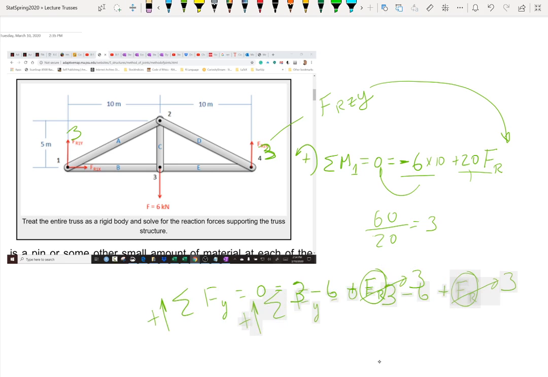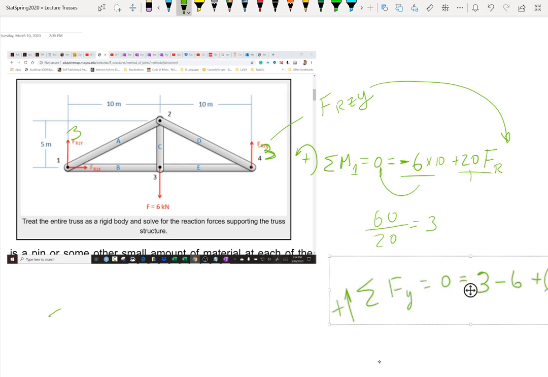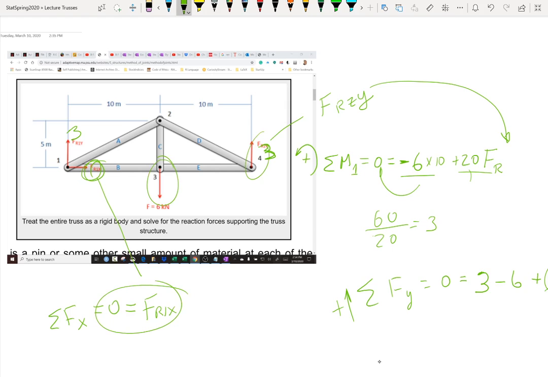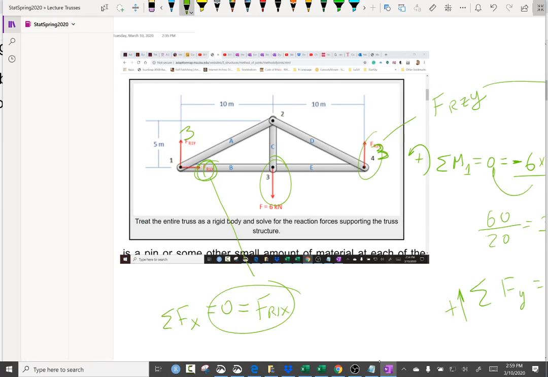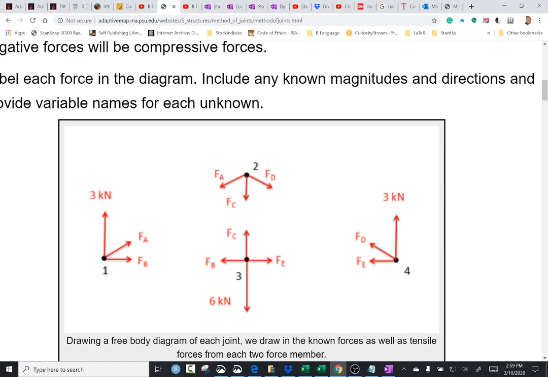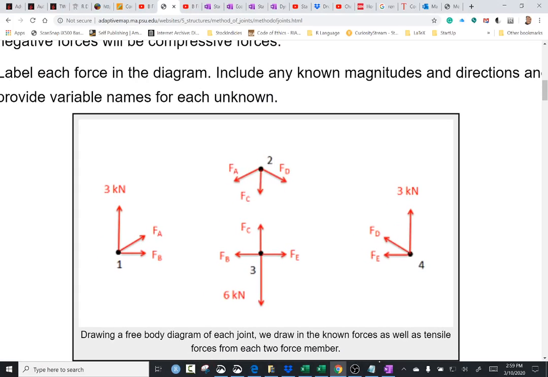Move it over to the right. We'll sum the forces on the whole structure in the x direction equals 0. I have this force going in the x direction, FR1x or whatever. There's no other x force. So by nature, it's not there. Doesn't exist. So that's why you don't see that there.